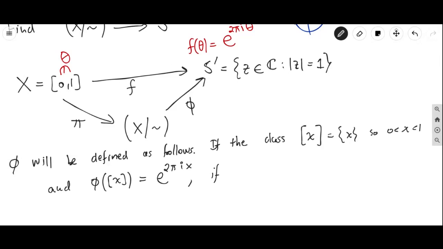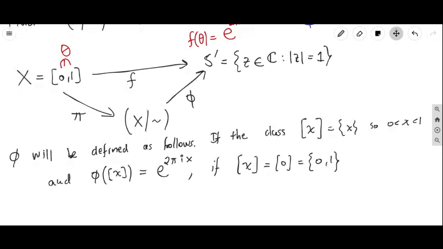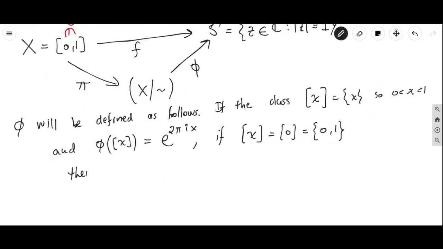However, if the class is the class containing 0 and 1 together, at the endpoints, then phi of that class, this is the exceptional class, is going to be defined as e to the 2 pi i 0. It's just going to be defined as 1.